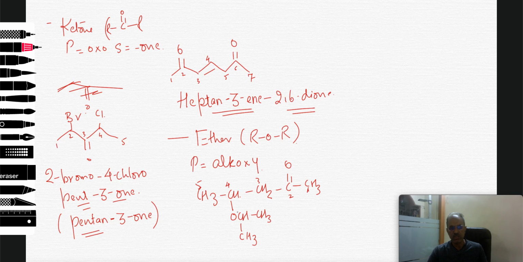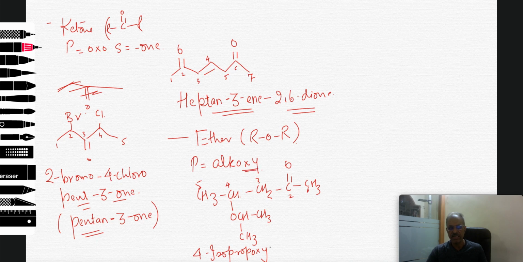So this particular CH, CH3 species is known as isopropyl. So it will be 4-isopropoxy, because OXY I have to give.